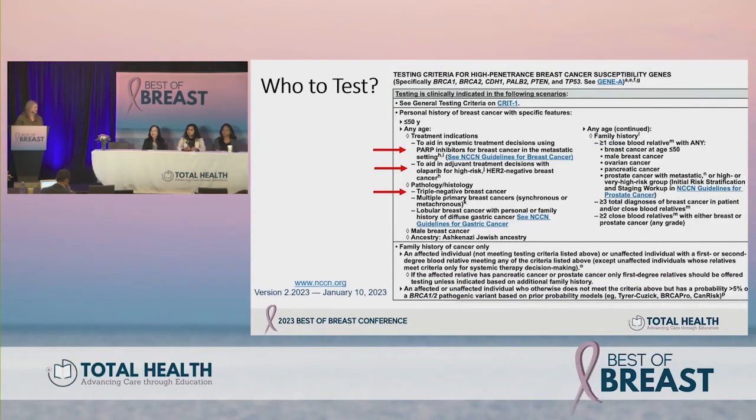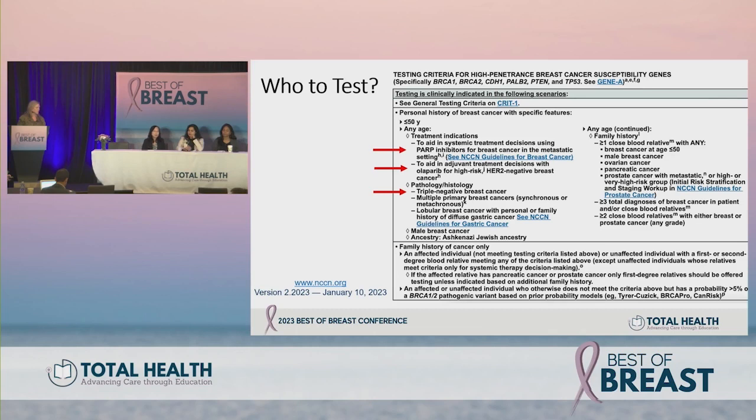Yeah, so who to test? As a breast oncologist, I see our breast cancer patients. So, the first thing is who do we test? NCCN has continued to update their recommendations based on our treatment strategies. For example, now we have PARP inhibitors for high-risk HER2-negative breast cancer in the adjuvant setting, and also in the metastatic setting in patients who had chemotherapies.